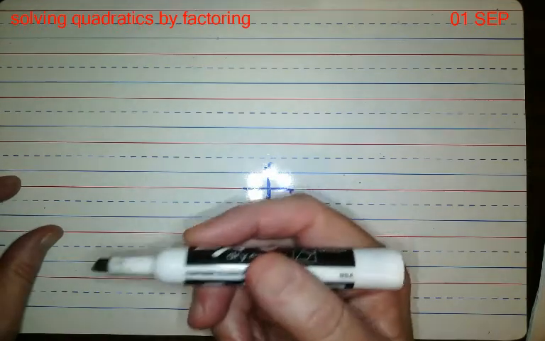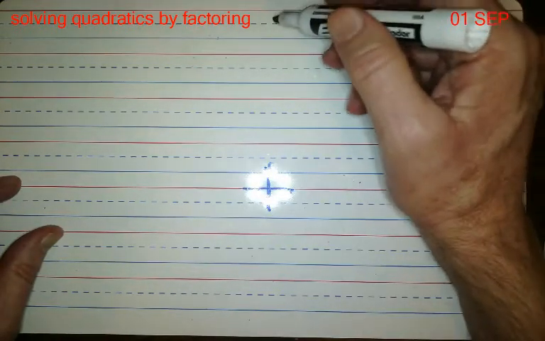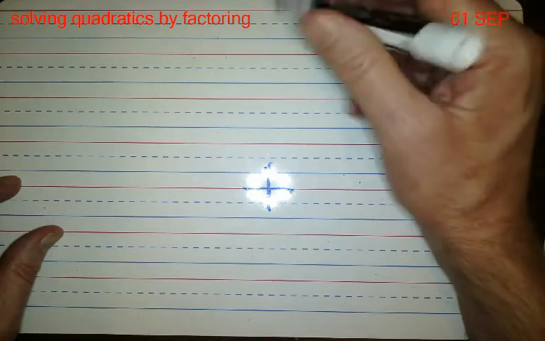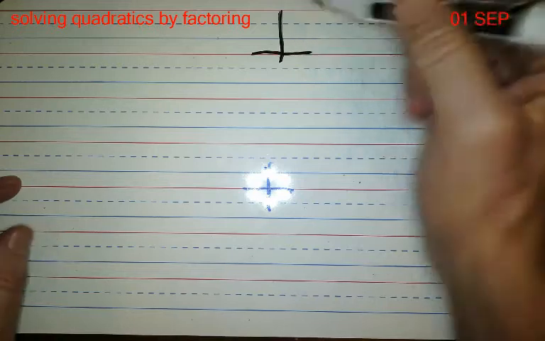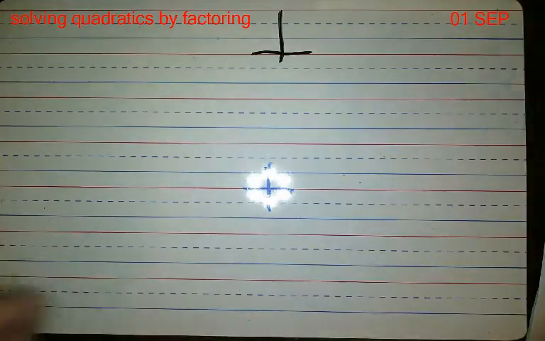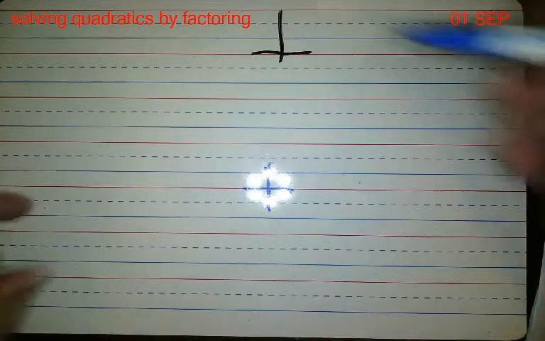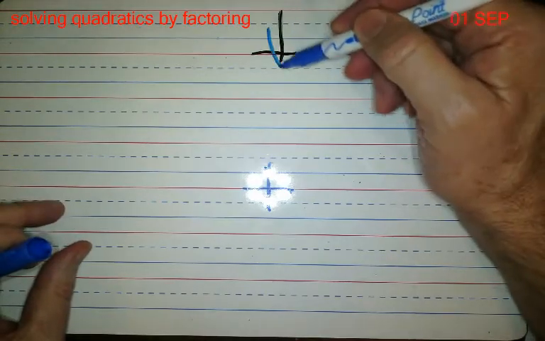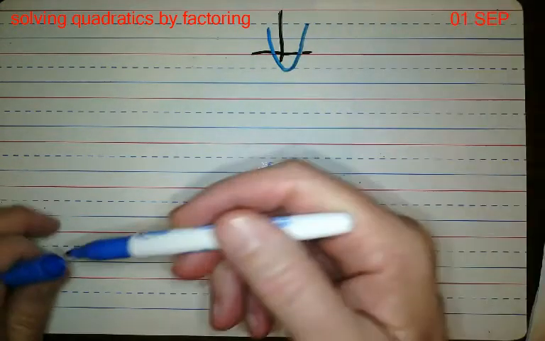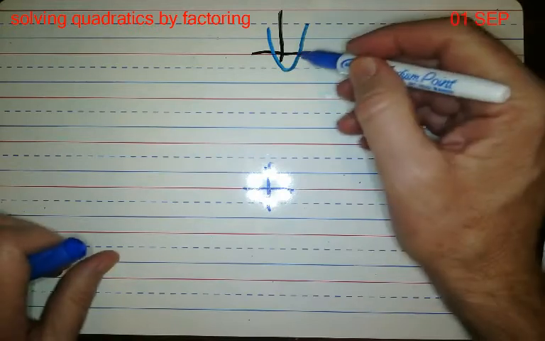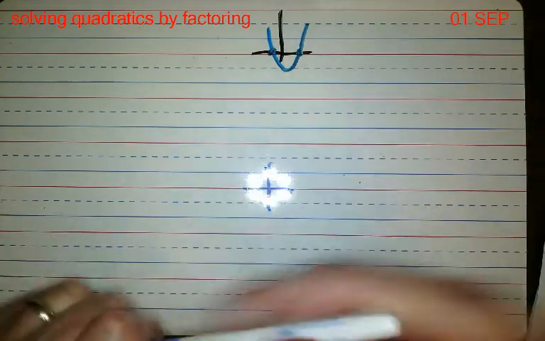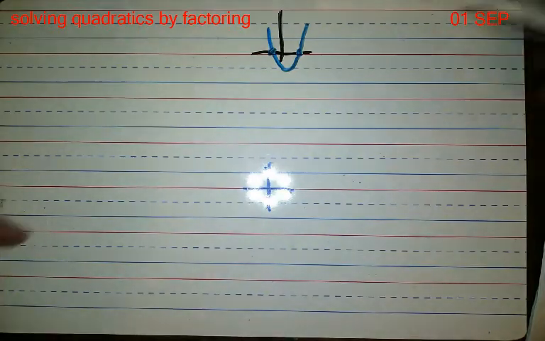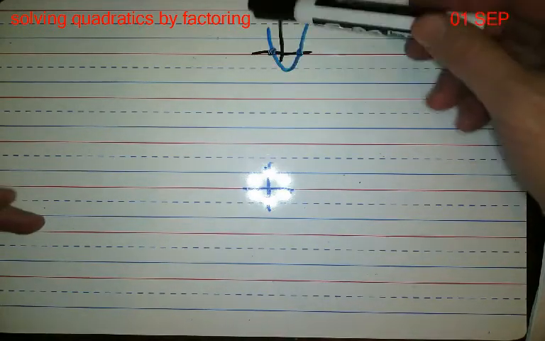Now, if you think of a graph, what makes a quadratic equal 0 is the place where the graph touches the x-axis. So that means right here and right here. What we're looking for is when the parabola is equal to 0.